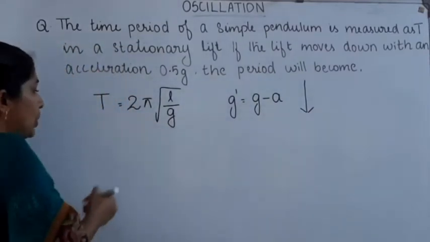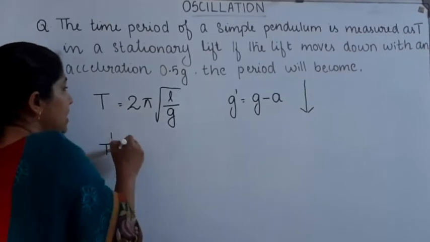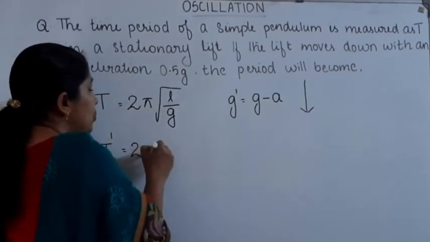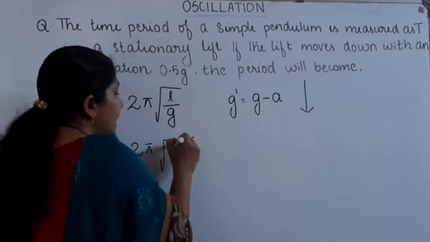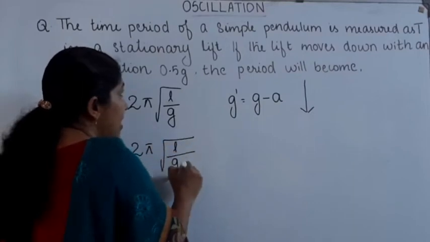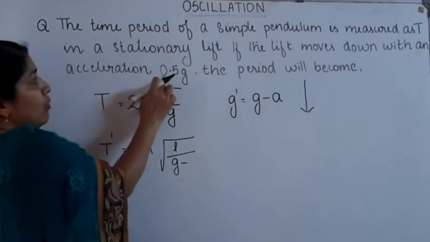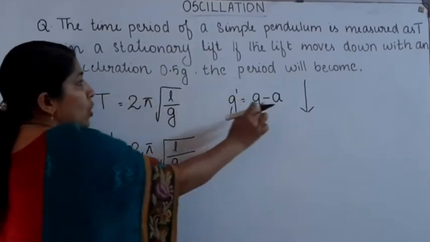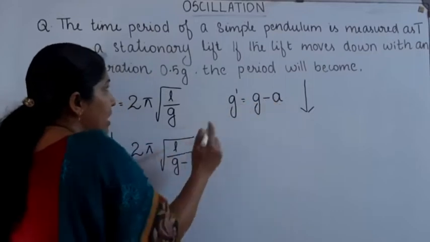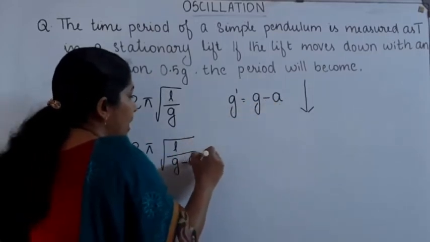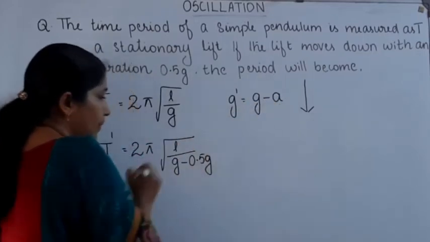Then on substituting, the new time period T dash is equal to 2 pi root of L divided by g minus a. The acceleration now becomes 0.5 g, so instead of a we write 0.5 g.